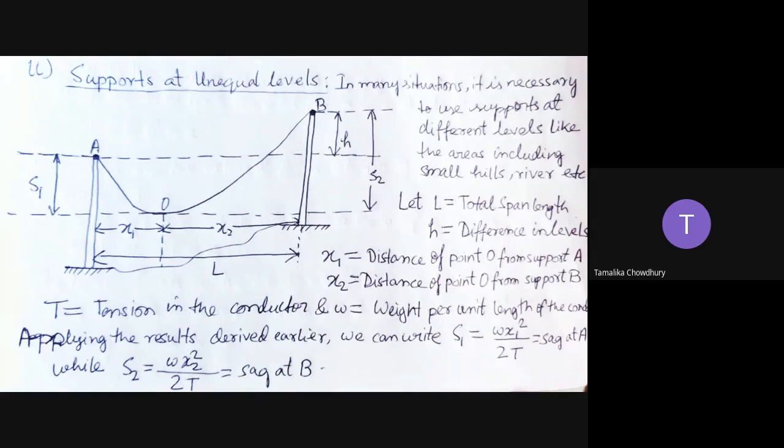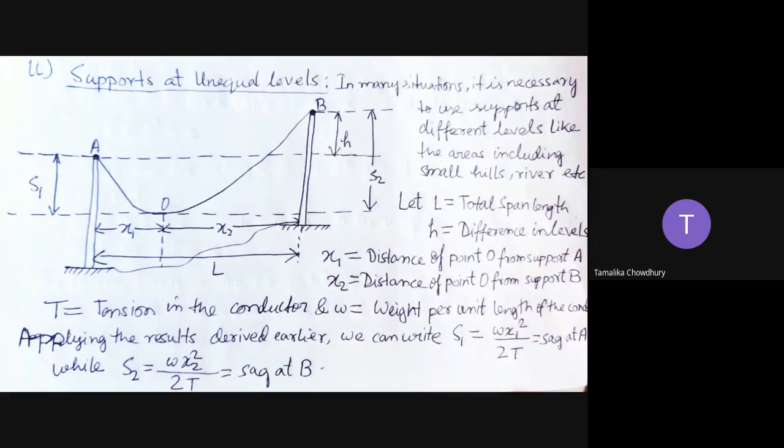Okay. So you see A and B are not equal, means the height of A and the height of B are different and the ground levels are also different. In that case, we get two sags, S1 as one sag, S2 as another sag. So if these two are the sags, how will we calculate? They may ask in the problem both the sags.